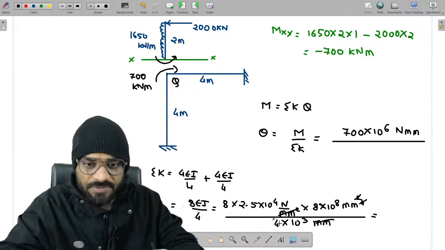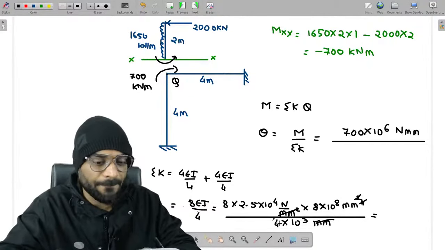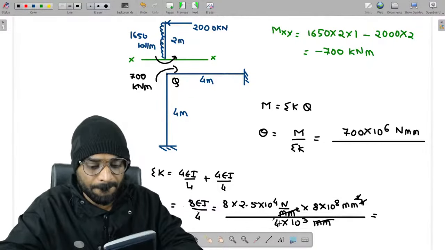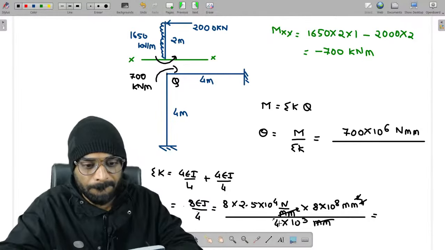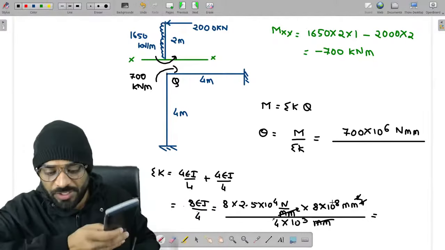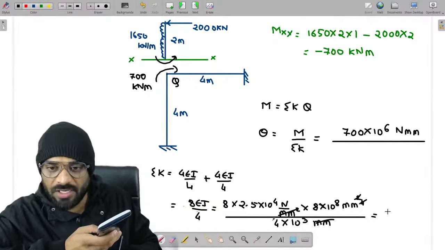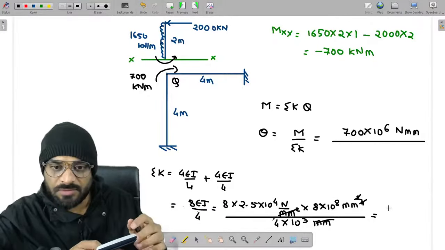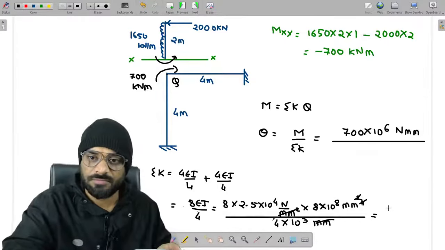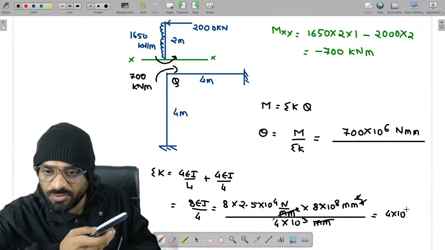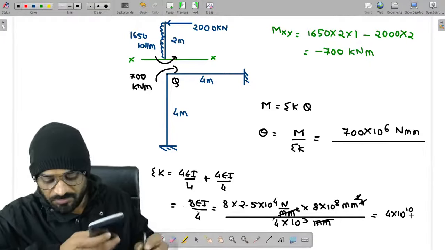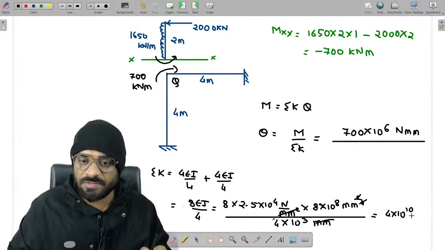Please write down in the answer. 4 into 10 raised to power 10. Are you getting this? Please check it out. 4 into 10 raised to power 10, summation K.